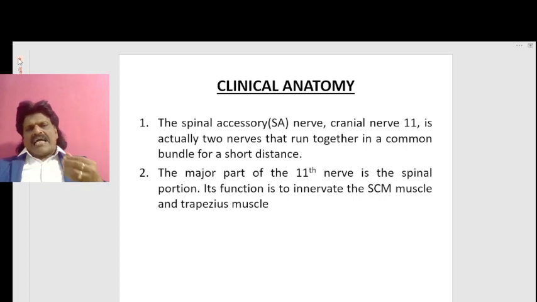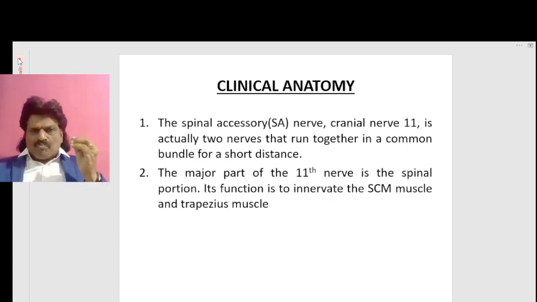The spinal accessory nerve, cranial nerve 11, is actually two nerves that run together in a common bundle for a short distance. The major part of the 11th nerve is the spinal portion. Its function is to innervate the sternocleidomastoid muscle and trapezius muscle.